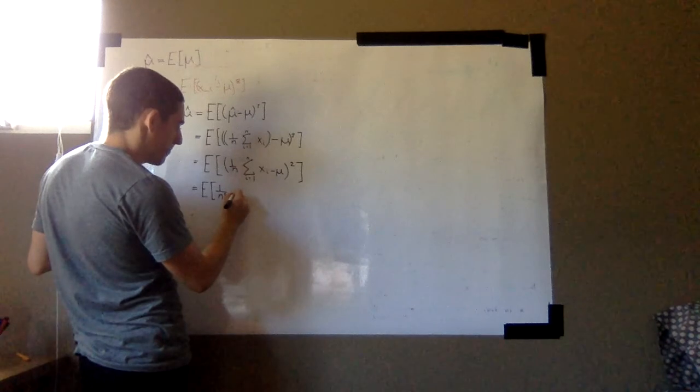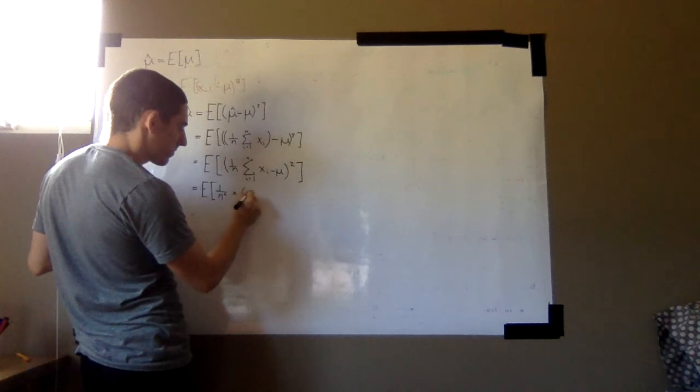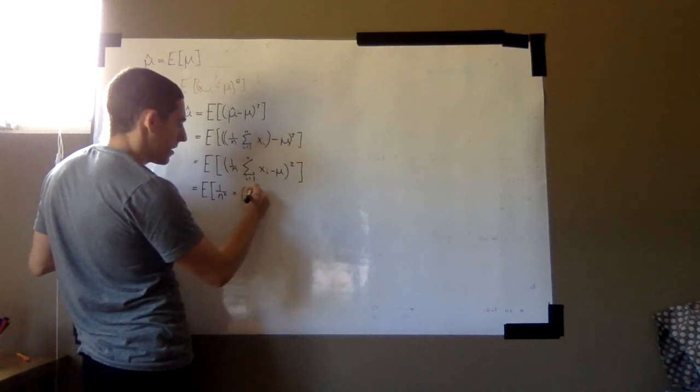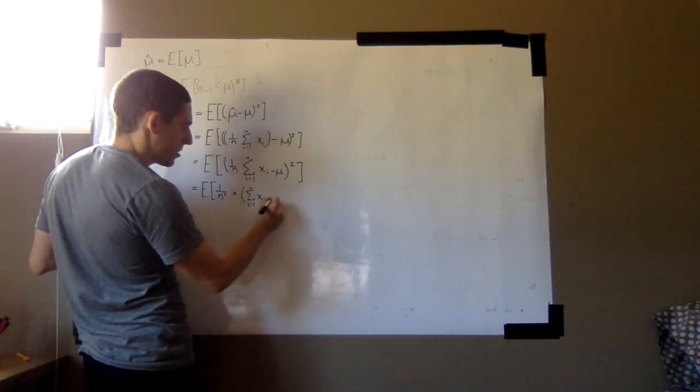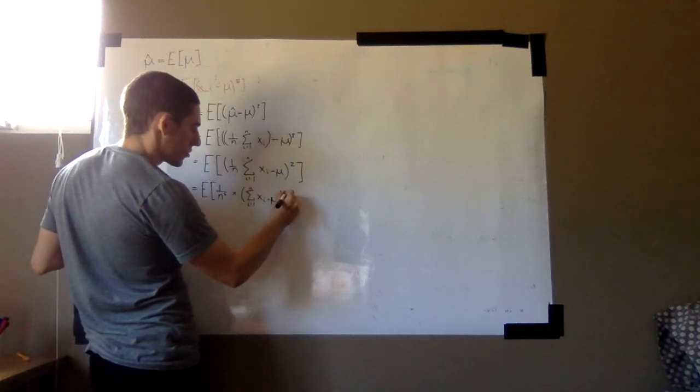And this is times this sum from i equals 1 to n of xi minus mu, squared.